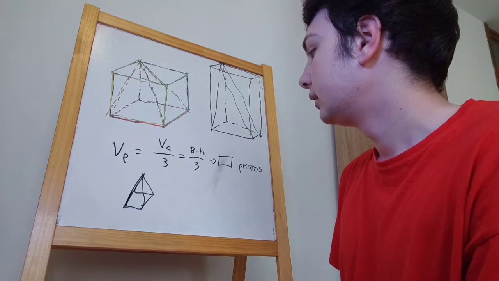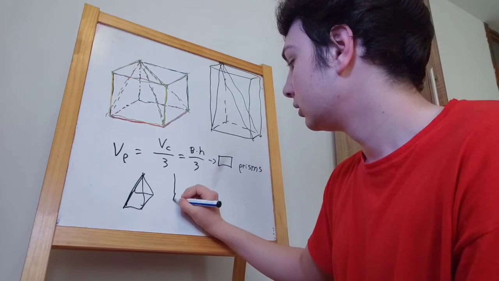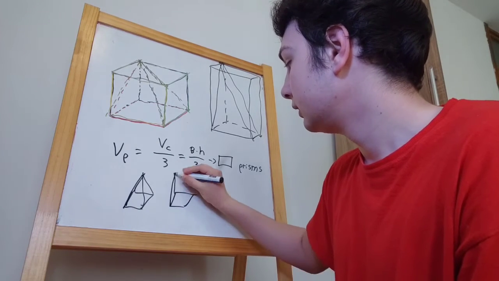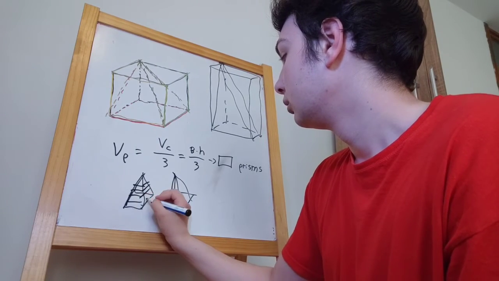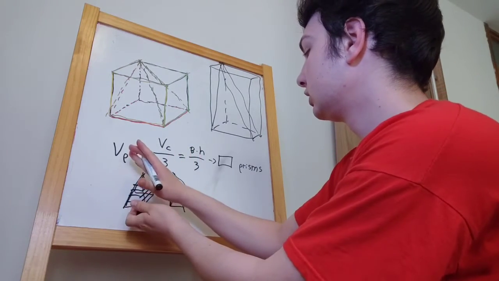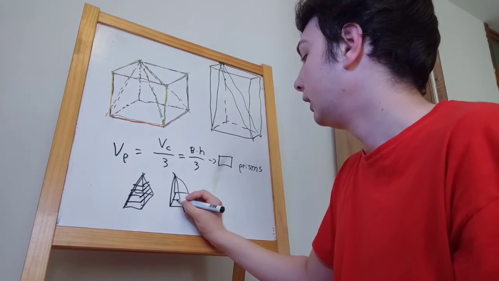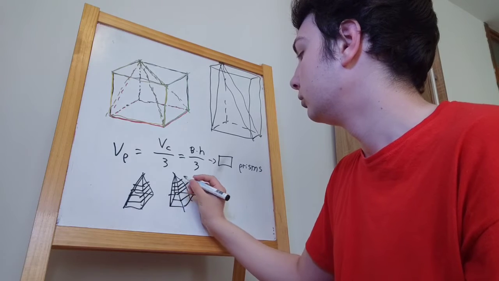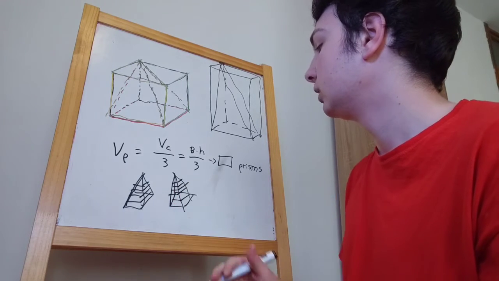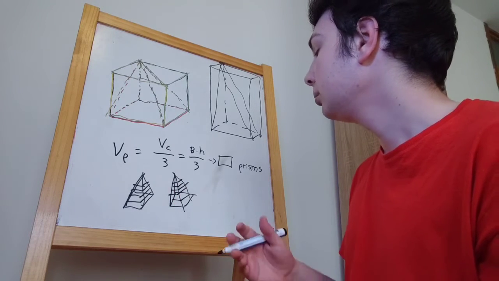And really, because we could slice up this pyramid into many sections, and we could move those sections, like just slide them, and we would get the same volume for the pyramid, but we just change the pyramid shape.